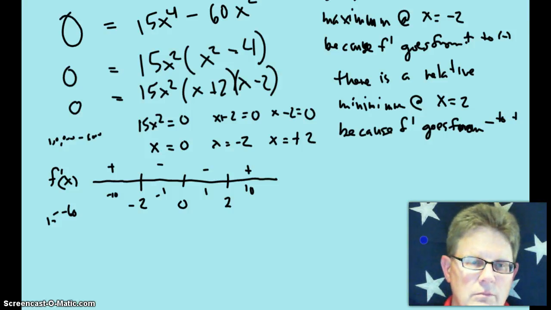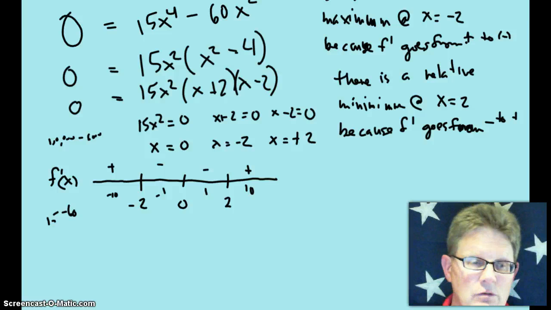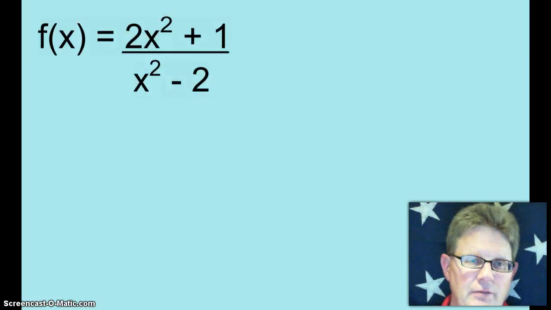There you go. That's how you find the relative maxes and relative mins. Let's try it with one more function, and we'll be done with what's going on. Of course, you know what it's going to be. It's going to be that dreaded rational function again.